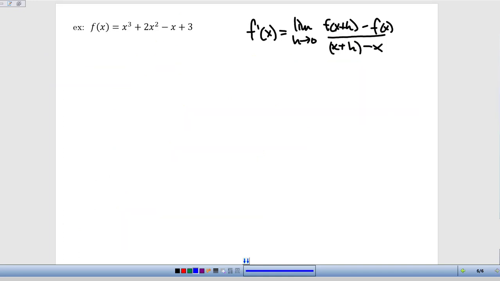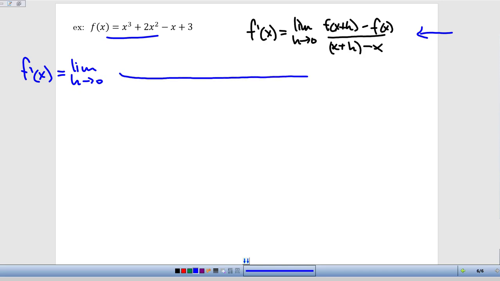So for our last example, we're going to torture ourselves by applying this process to a cubic function. So we've got our difference quotient with the limit as h approaches 0 applied to it. So let's see how this goes. So we've got our first derivative is equal to the limit as h approaches 0 of, now I need to take x plus h and plug that into my function everywhere.